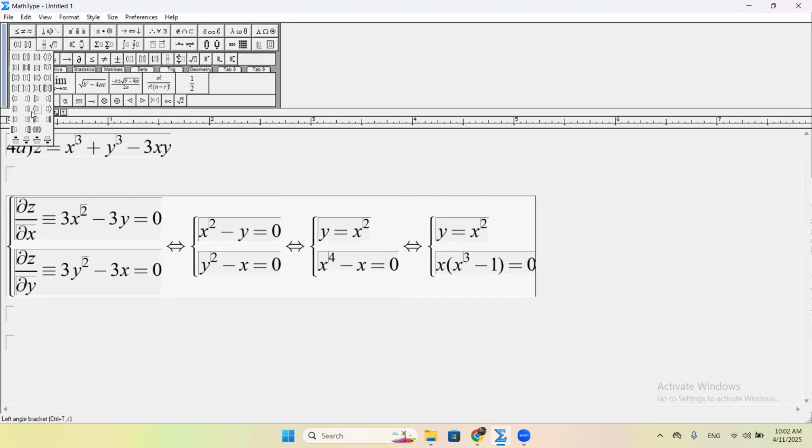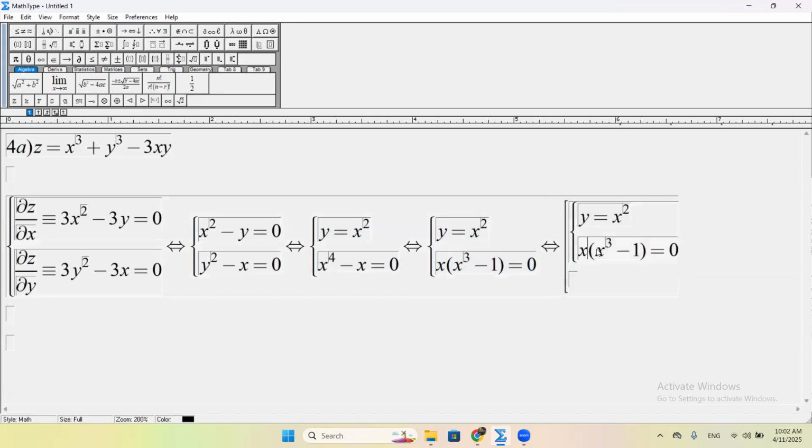Where is this opening bracket? Oh, here it is. So in the first case, x will be equal to 0 and y equals 0 as well.